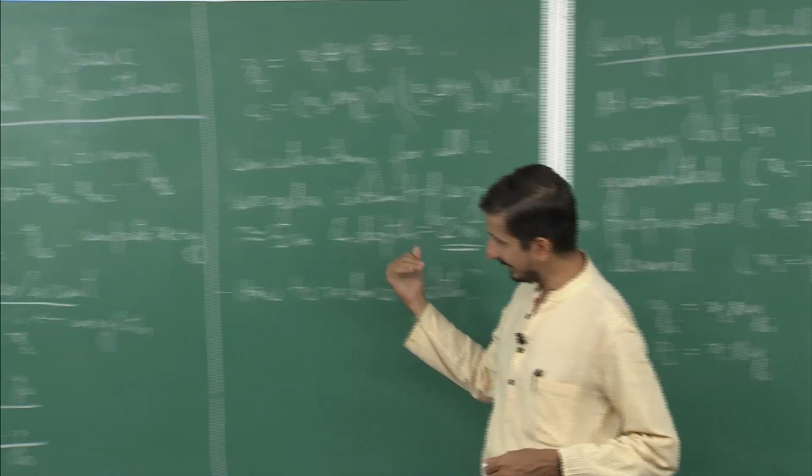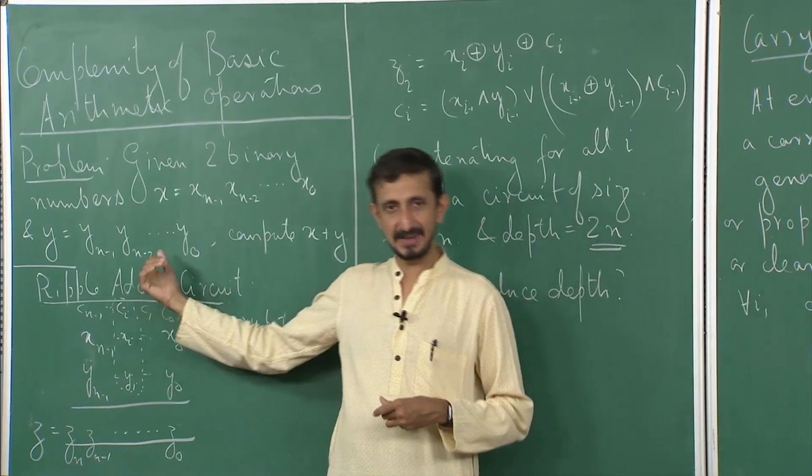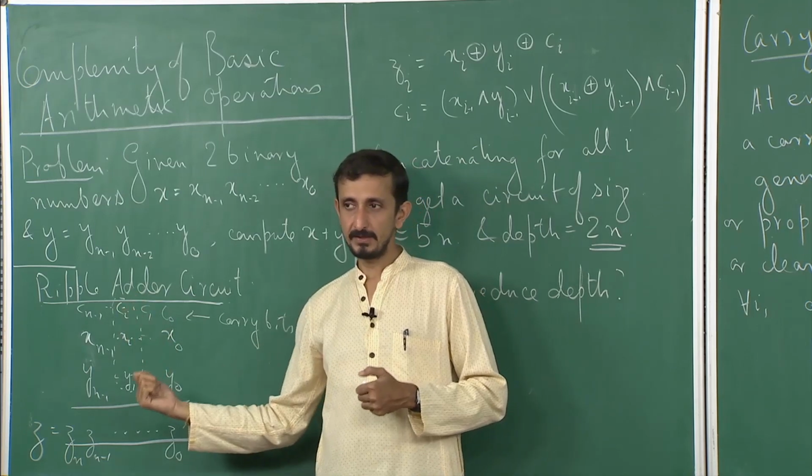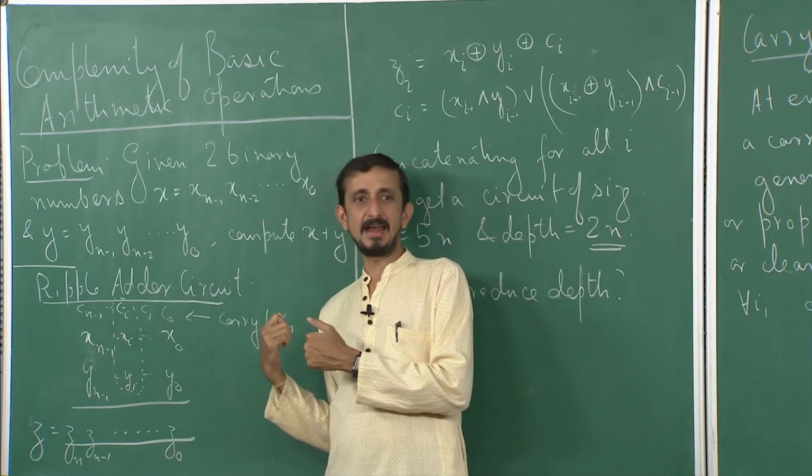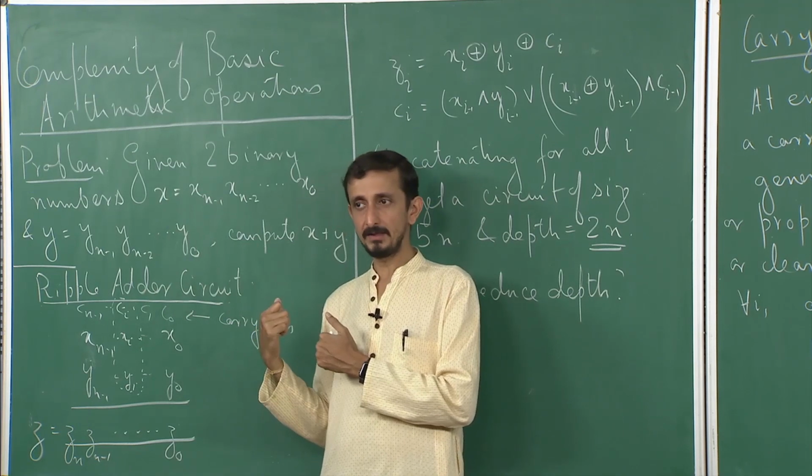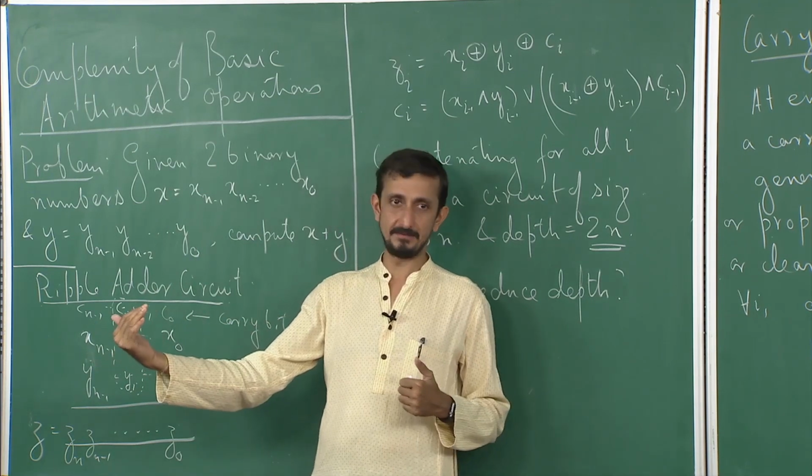So, at some index i, my carry bit is 1 if it was generated at some index before i and it got propagated till i, right.